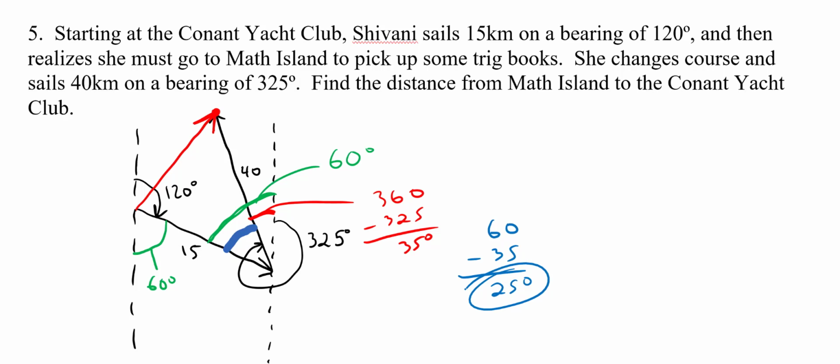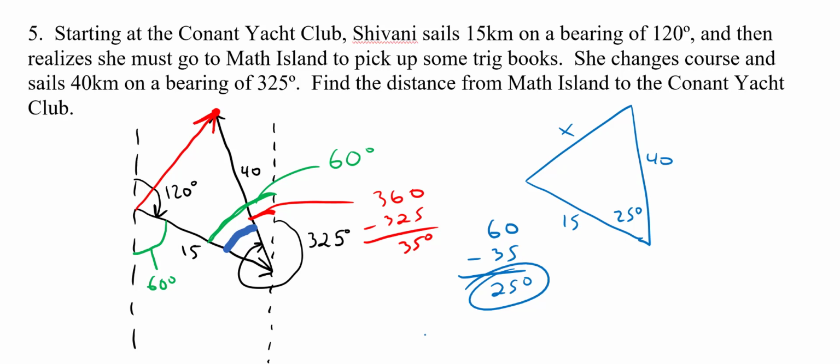Now I'll make a quick sketch again, because I like resketching the picture. This is 25 degrees, and this is 15, and this is 40. And you're looking for x. And this is law of cosines.